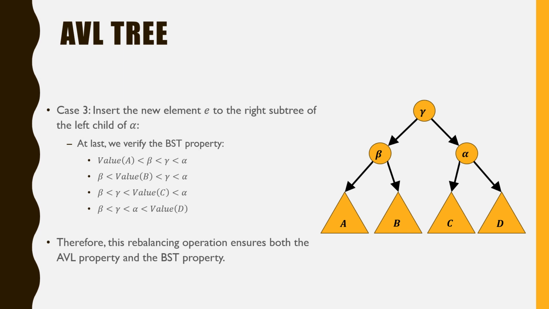Subtree B is only in the right subtree of beta, consistent with that its elements are only greater than beta. At last, C is only in the left subtree of alpha, consistent with that its elements are only smaller than alpha. As a result, the double rotation for case 3 restores the AVL property while maintaining the BST property.